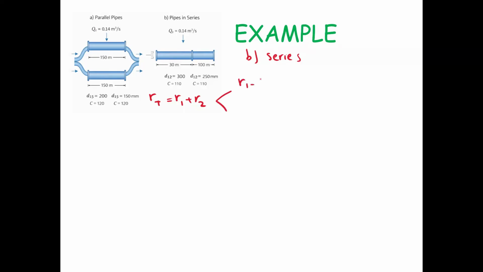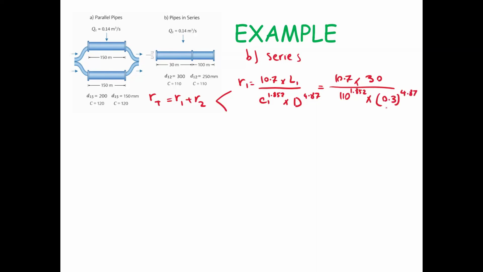For R1, you have 10.7 multiplied by L1 divided by C1^1.852 multiplied by D^4.87. Be careful, L1 is 30, C1 is 110, D1 is 0.3 to the 4.87, which gives me this number.